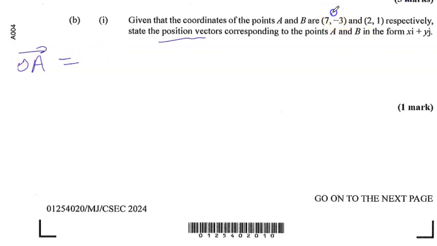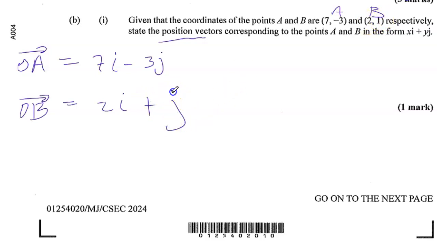A is 7, minus 3, so 7i, 7 for the x, and the y is negative 3, so minus 3j. And OB, 2i, x is 2, and y is 1, so 2i plus 1j, and 1j is the same thing as j.